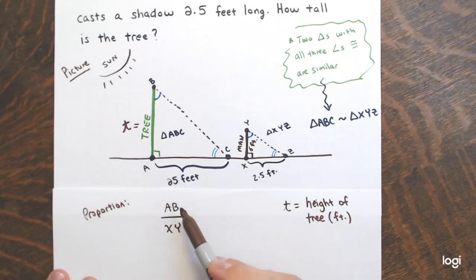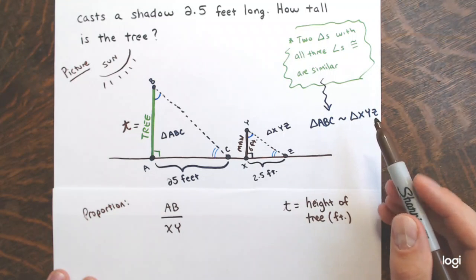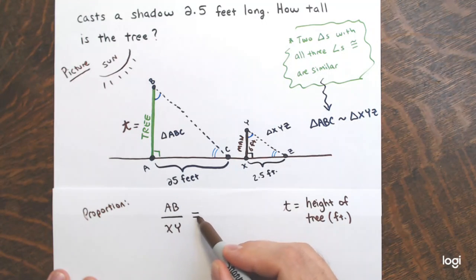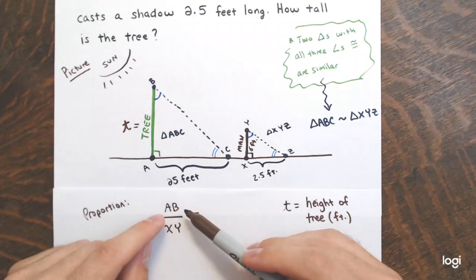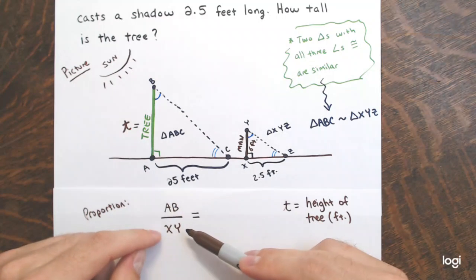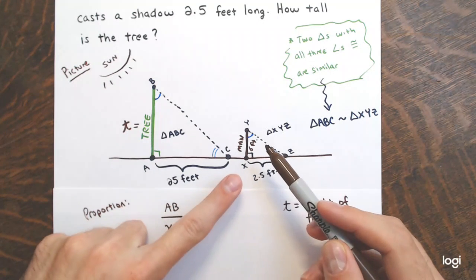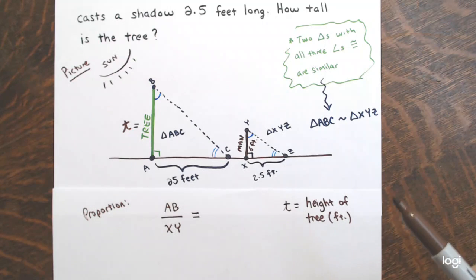So the ratio of AB to XY, that's first two letters to first two letters, should be equal to another ratio over here, where again my numerator is going to come from triangle ABC, and the denominator is going to come from triangle XYZ. I want the same numerators, the same kind of denominators, right?